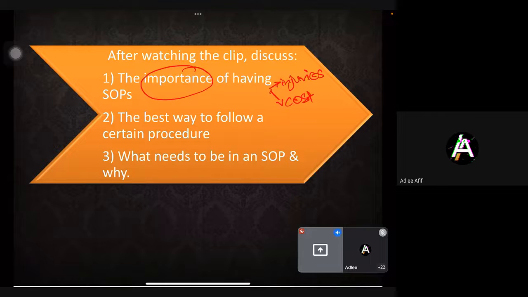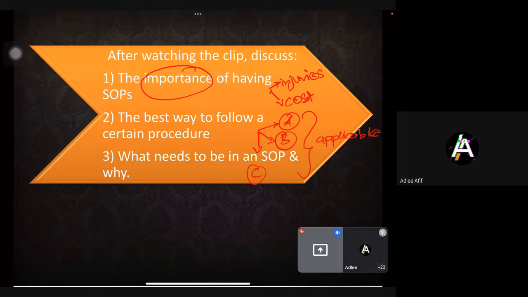Number two, which will be the best way to follow a certain procedure. If you notice, when you are going to perform a task, maybe you are going to have different options, for example A, B, and maybe C. So after you have performed the task using method A or method B or method C, then you will determine which method will be the most applicable.